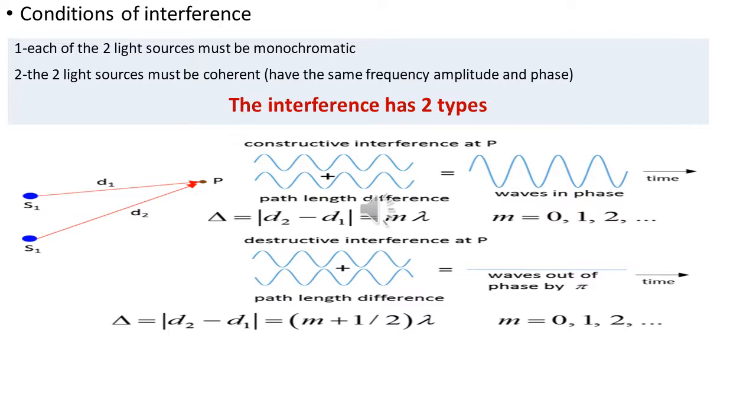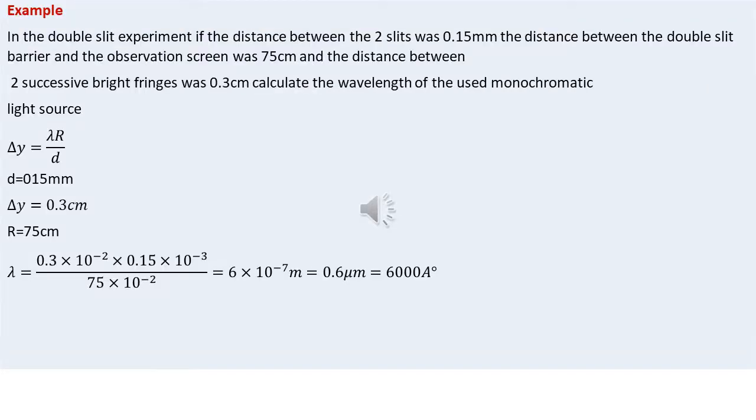Destructive interference: when the crest of the first wave meets the trough of the other wave, they weaken each other, and delta y equals m plus half times wavelength, where m equals 0, 1, 2, 3, and so on.